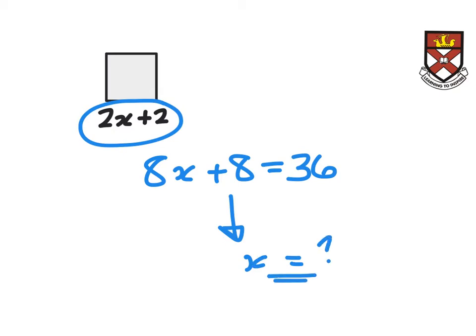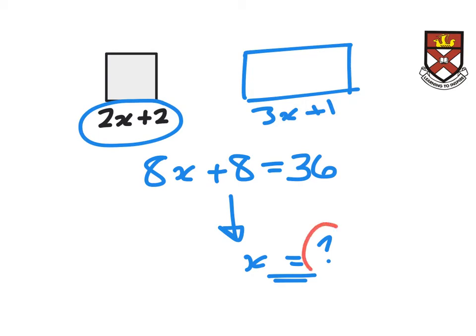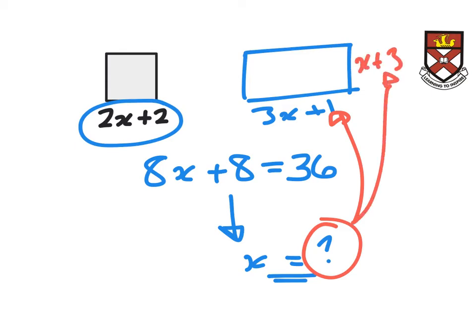Once you know what x is, you can apply that to your rectangle, because you know the bottom is 3x add 1, so that will be 3 of this number added to 1. And this side is x add 3, so we add that to 3, and then the area will be those 2 times together.